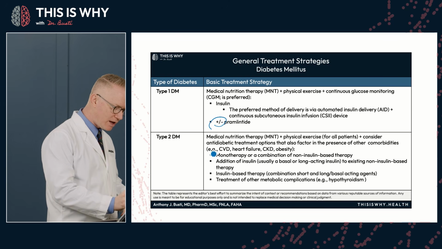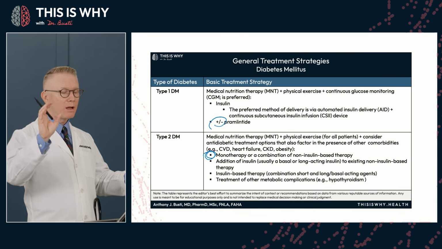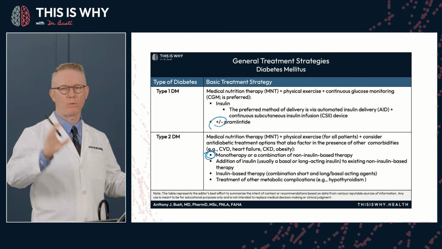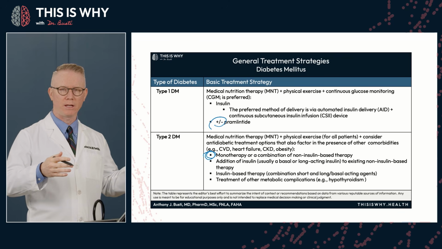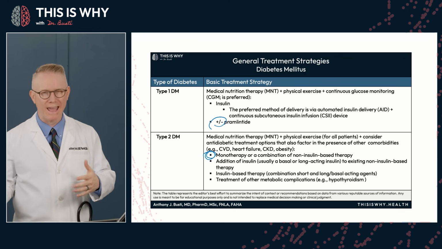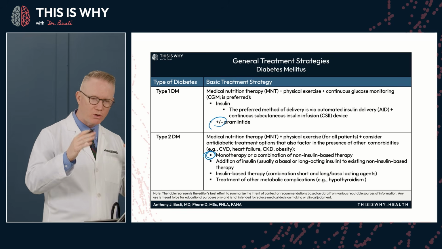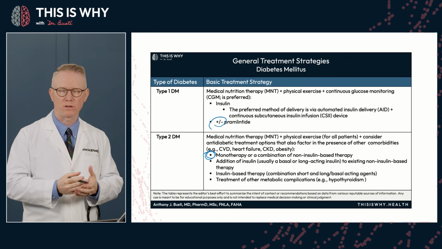this is where we're down here in this bullet where we have monotherapy or combination therapy with non-insulin based therapy. Why non-insulin based? Well, because insulin, unfortunately, like other secretagogues, can cause weight gain. And so we don't want to do that if we can. We also want to use drugs that create multiple benefits to the patient.